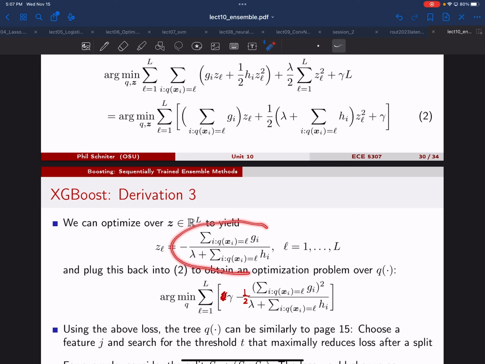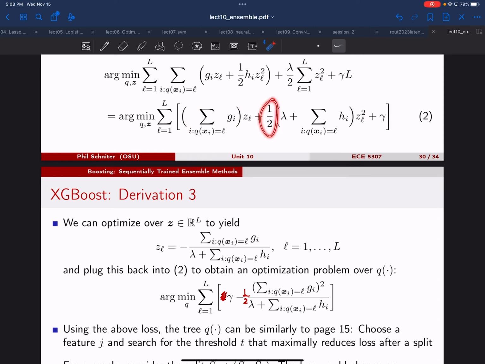If I plug this into here, I get the numerator appears squared and the denominator appears as it is. Now, if I plug this into here, then because of the squared here, the numerator appears squared, the denominator is squared, but I'm multiplying by the denominator here, so I just have the denominator as a single power. That means that both of these terms have exactly the same form.